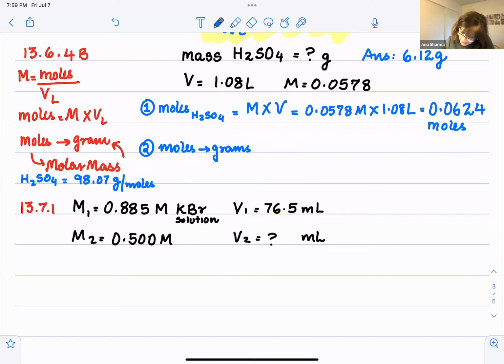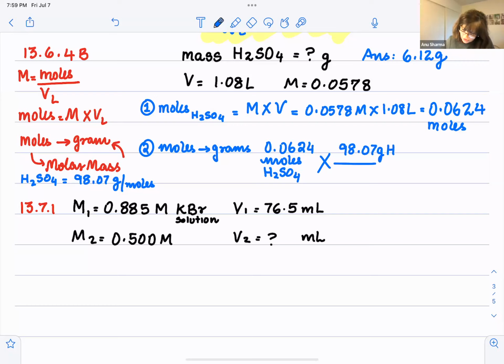So now we have 0.0624 moles of H2SO4 times 98.07 grams of H2SO4 divided by 1 mole of H2SO4. The moles of H2SO4 cancel out, and you're just left with the grams.